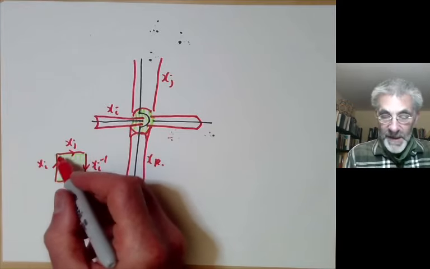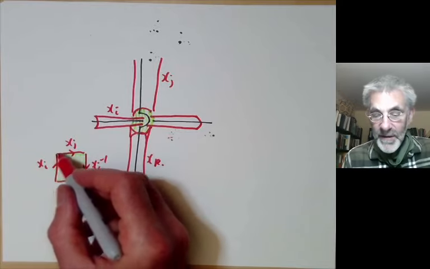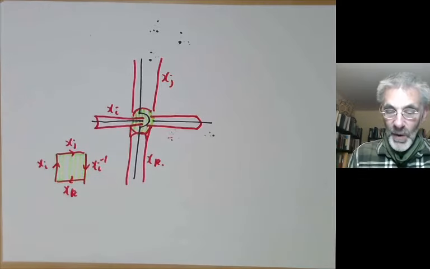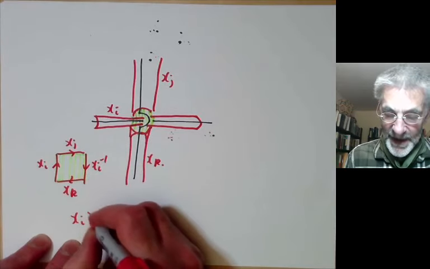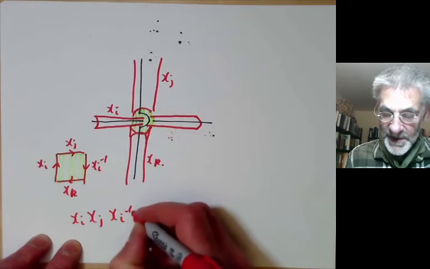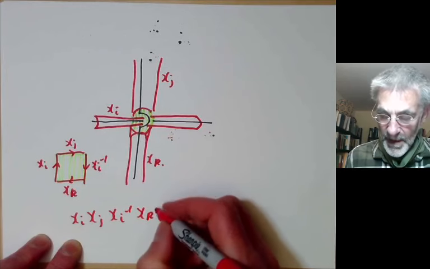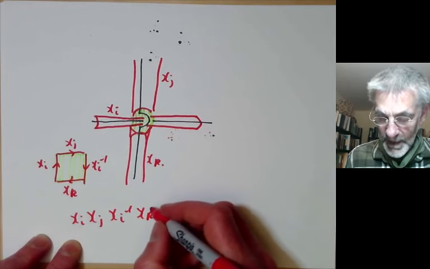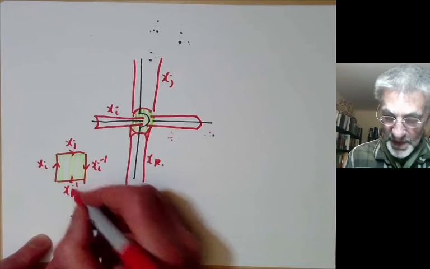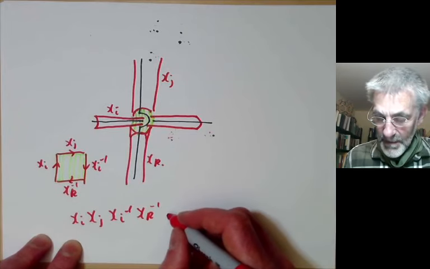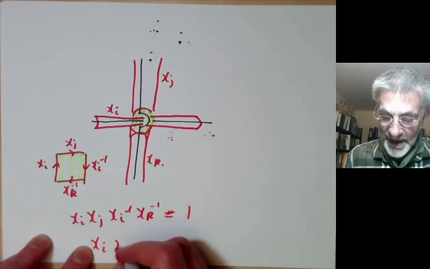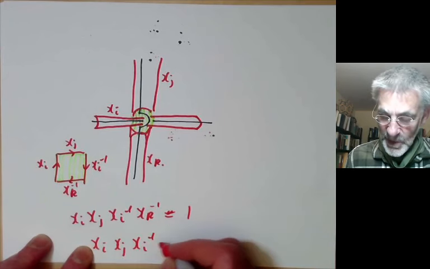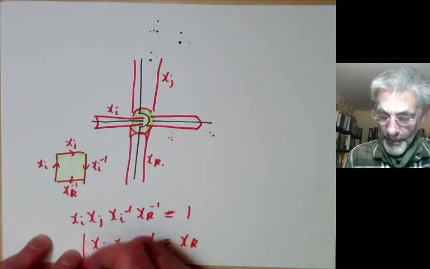You remember adding a ball kills off the boundary. So we get this extra relation xi xj xi^-1 xk^-1 = 1. In other words, xi xj xi^-1 = xk.